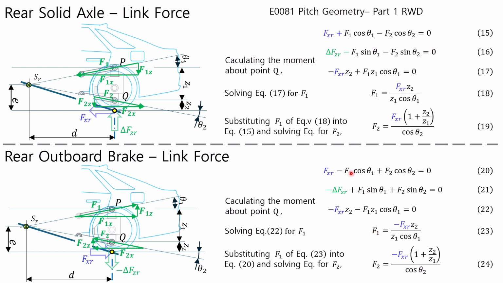Equation 23 expresses the force, F1, acting on the upper arm, as a function of the braking force, Fxr. Substituting F1 from equation 23 into equation 20 and solving for F2 yields equation 24. Equation 24 expresses the force, F2, acting on the lower arm, as a function of the braking force, Fxr.